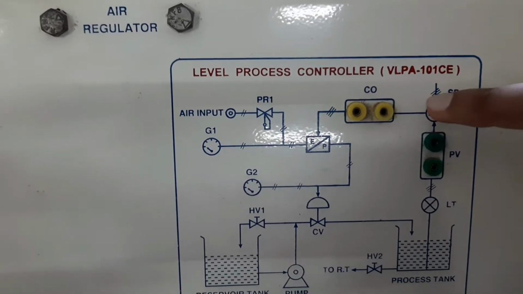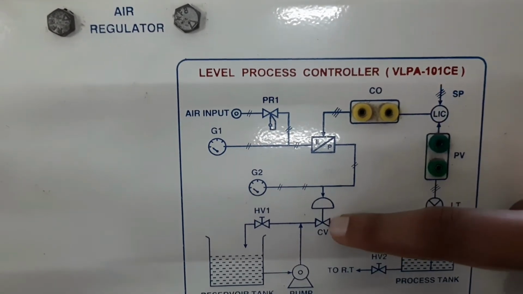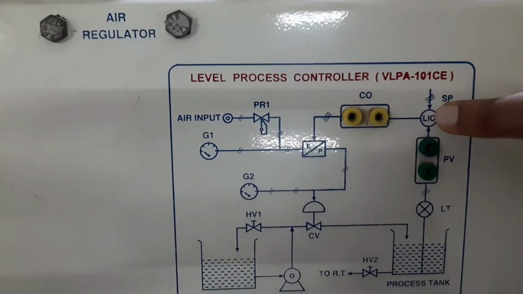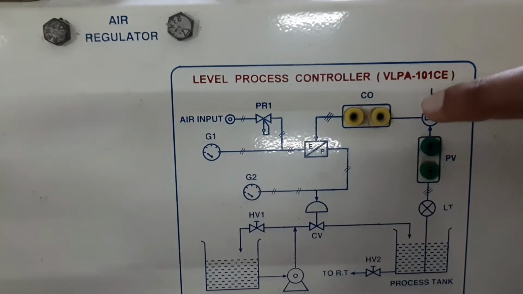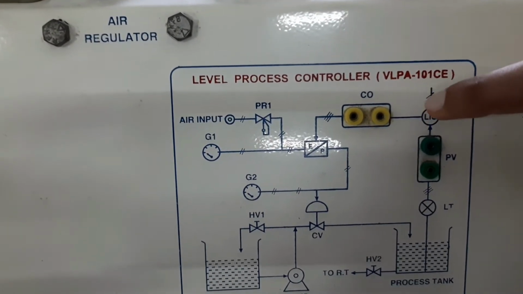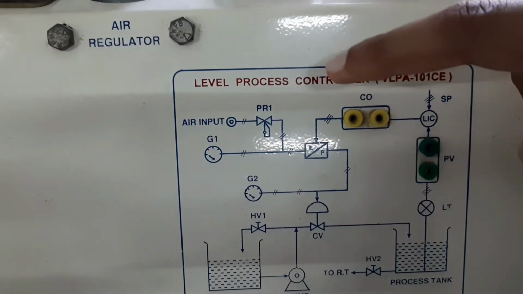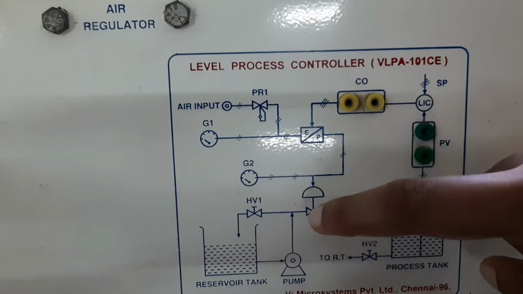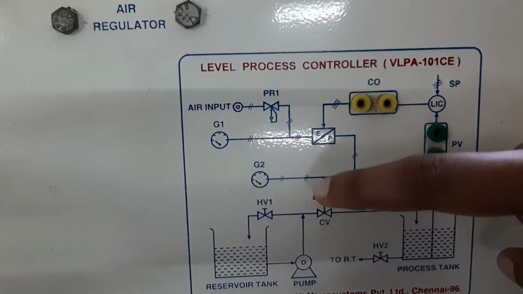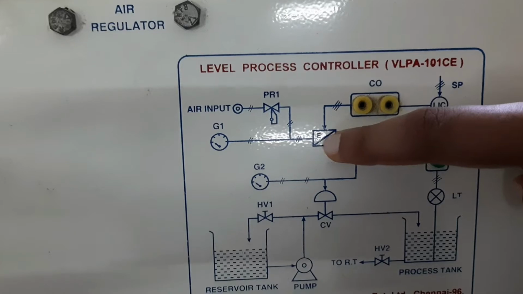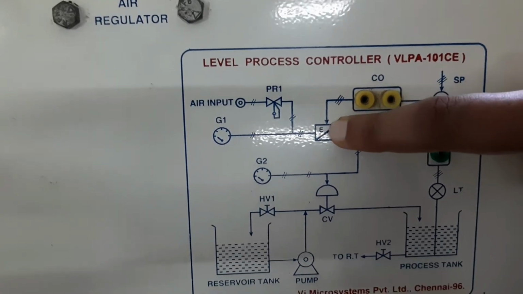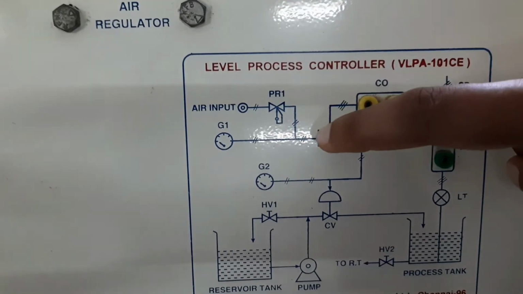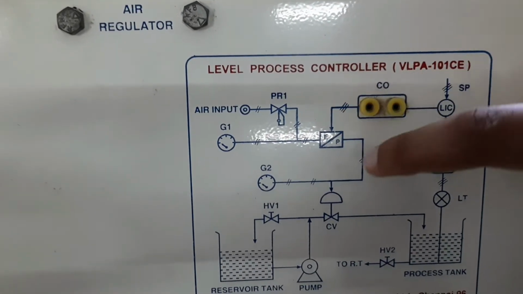This control action needs to be given to this control valve. Remember, this control action is taken by the computer, and it is through a digital data acquisition system. It is taken as an electrical signal, but we know that in the valve we need a pressure signal. So we require a current to pressure converter here. This is actually a current to pressure converter, which changes the current signal that is coming from the controller to the pressure signal.